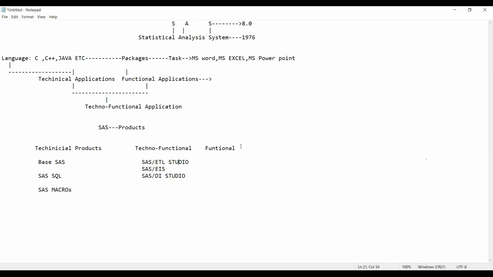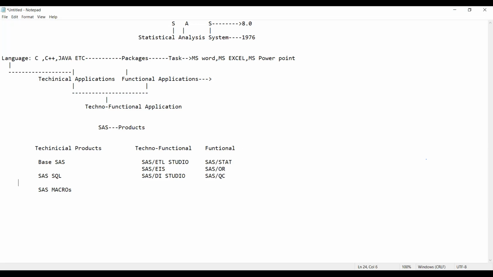Now again, the functional products. Let us see what functional products you have. We have SAS STAT. Then we have SAS Operational Research, OR. Then we have SAS QC, quality control.